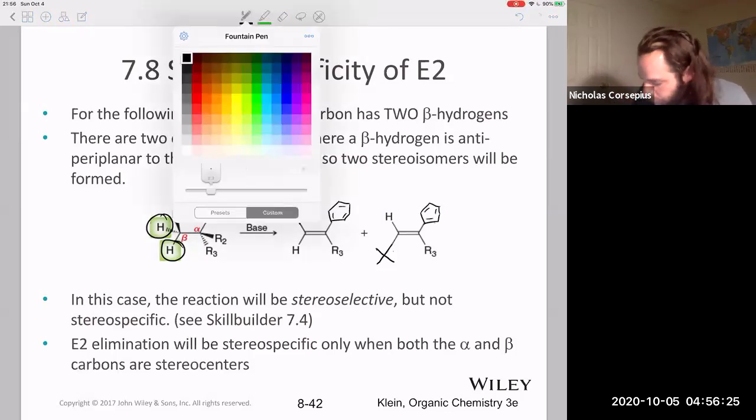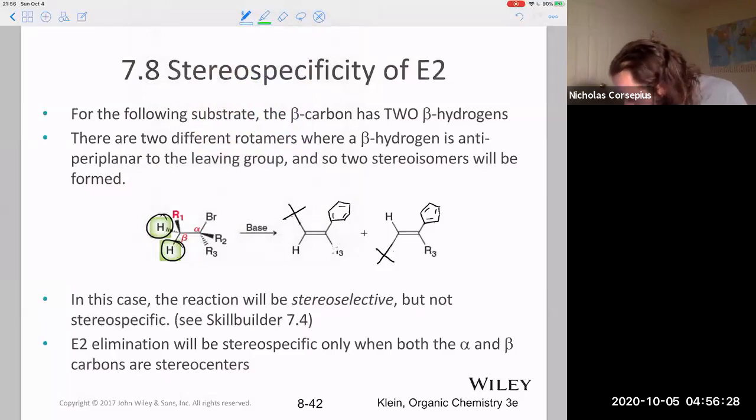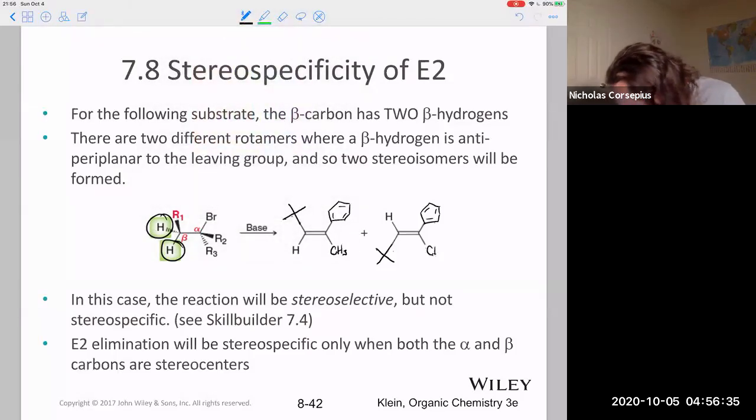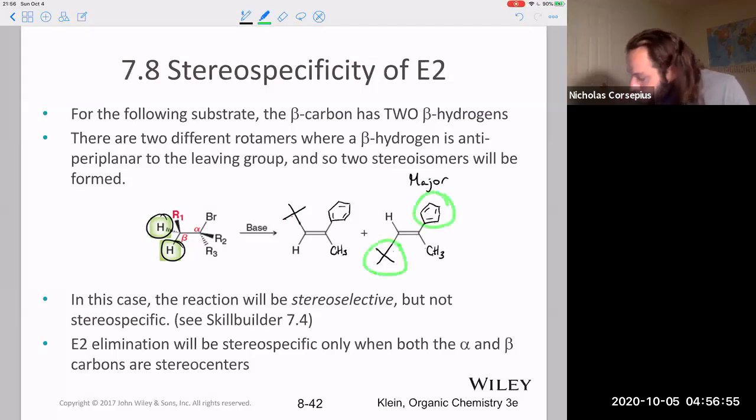And R3, I don't know, a methyl group, something like that. Right, so again, because you have two beta hydrogens, both of these are going to be products, but then you're going to have to take a step back and look at which one of these is going to be more stable based on sterics, right? So in this case, this would be my major product because this is a big group and this is a big group, and so I want them to be as far away as possible, okay?